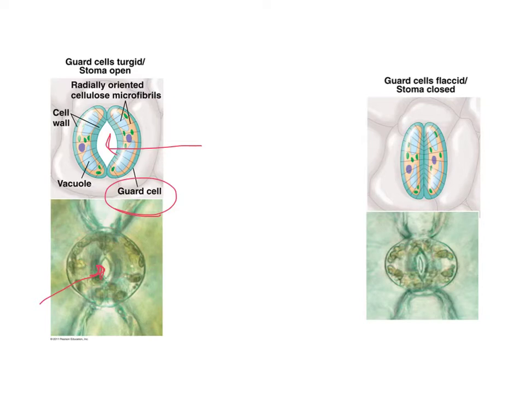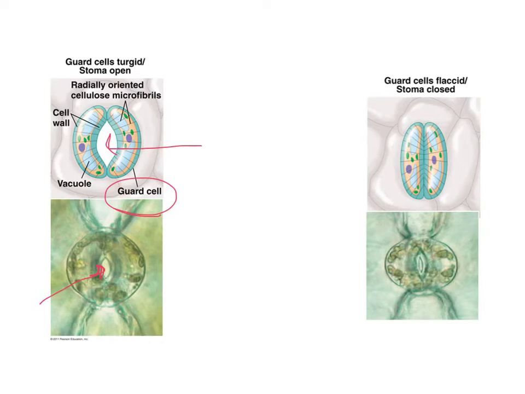So remember, the stomata is where water is lost through transpiration. So water is pulled out of the leaf through the stomata. But again, it's also where gas exchange takes place. So the plant has to be able to balance whether that stomata is going to be open or closed. Okay? If it's closed, it's conserving water. So if it's really hot and it's really dry, it's conserving water, and water isn't leaving the plant.